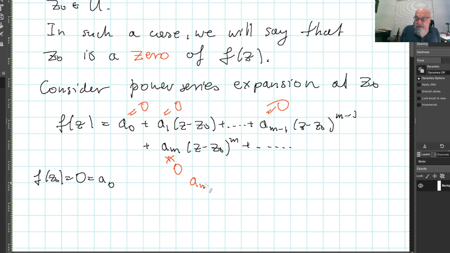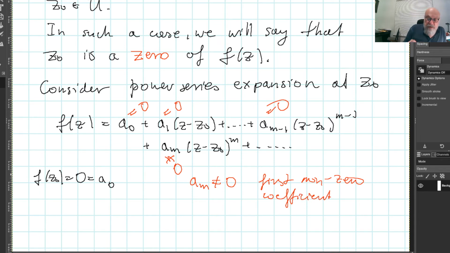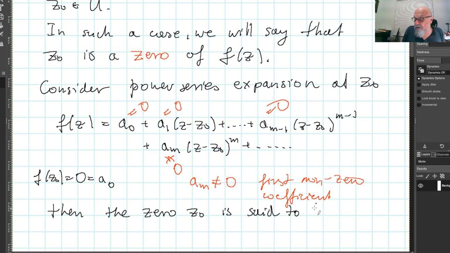So if a_m is different from 0, the first non-zero coefficient, then in such a situation the zero z0 is said to be of multiplicity m.